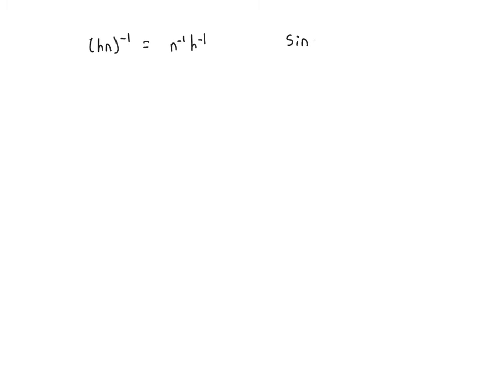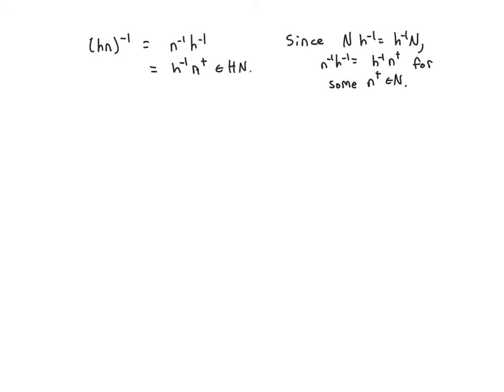So again, since N h inverse is equal to h inverse N, we know n inverse h inverse can be rewritten as h inverse times n dagger, for some n dagger in N. So substituting that in here, I've got h inverse n dagger, which is in the set we want. So we're closed under multiplication and inversion. Those are the two steps we need to show something is a subgroup.